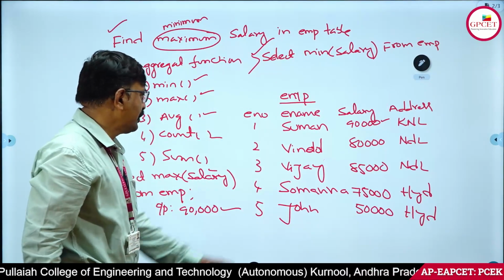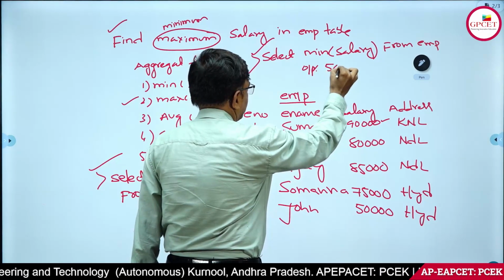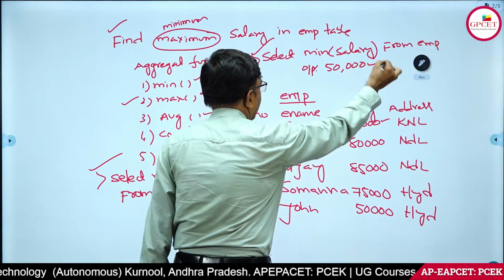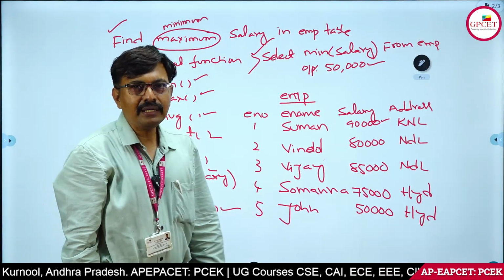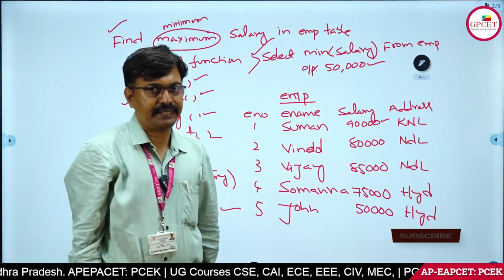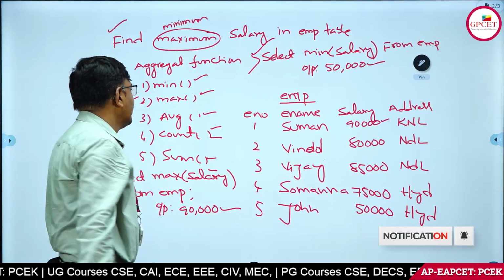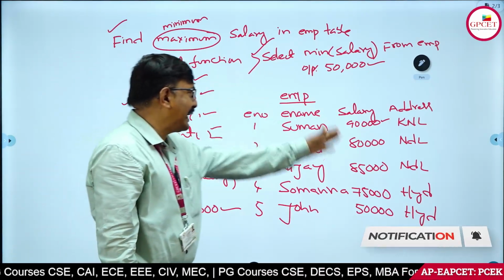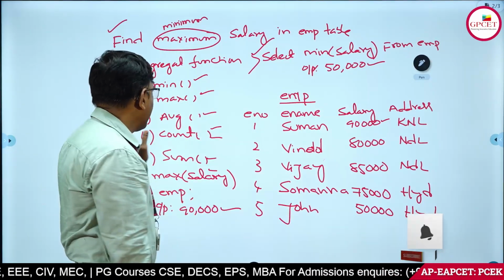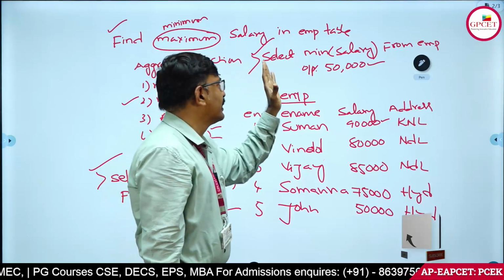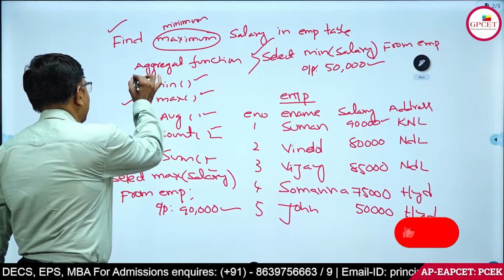The output is 50,000, whether we use Oracle or MySQL. Same for average, count, and sum. To find the average salary: select AVG of salary from employee. To find the sum of salary: select sum of salary from employee table. This is the aggregation function.